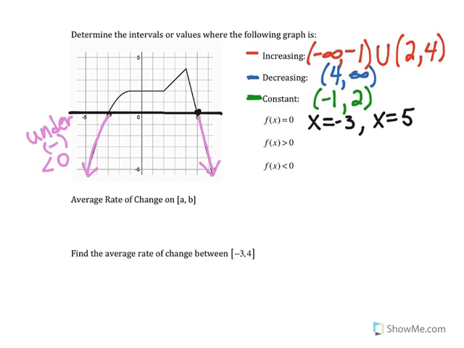So it's less than 0 from negative infinity to -3, and then again from 5 to infinity. So you should be using the values that you wrote down for when f of x equals 0 to do the less than. And then we're going to go above the axis. I'm going to use another, darker purple. Everything up here above those 2 points, so we're only going from -3 to 5 on that one.